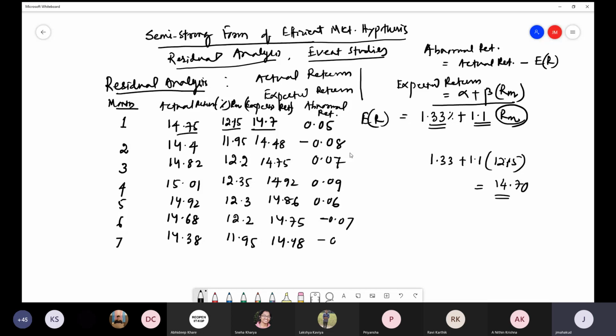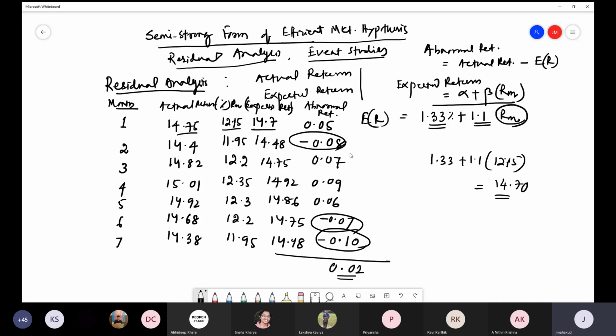So once you calculate this, then what basically you can do is take the sum of all those abnormal returns. In 3 places it is negative, in some places it is positive. So if you take a summation, then maybe it will come to 0.02.